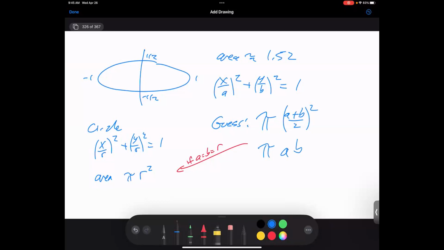Now we know when a equals 1 and b equals 1/2, we seem to get 1.52, which is about pi over 2. So if we look at what we have over here, a equals 1, b equals 1/2, this would give us pi times (1 plus 1/2)/2, which is 3/4, so that would become 9/16.